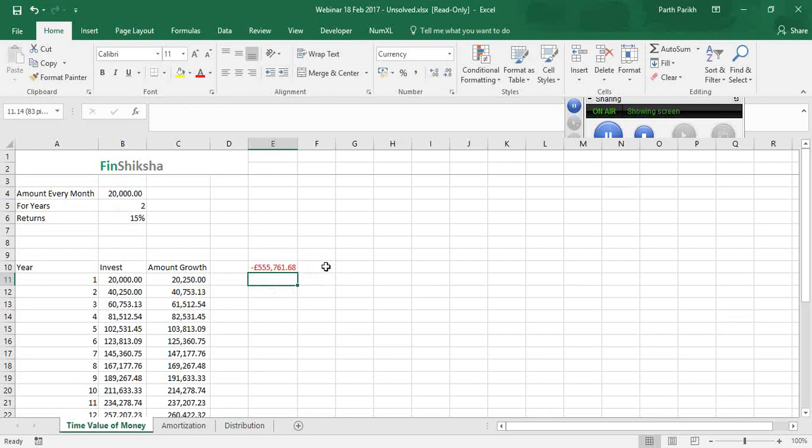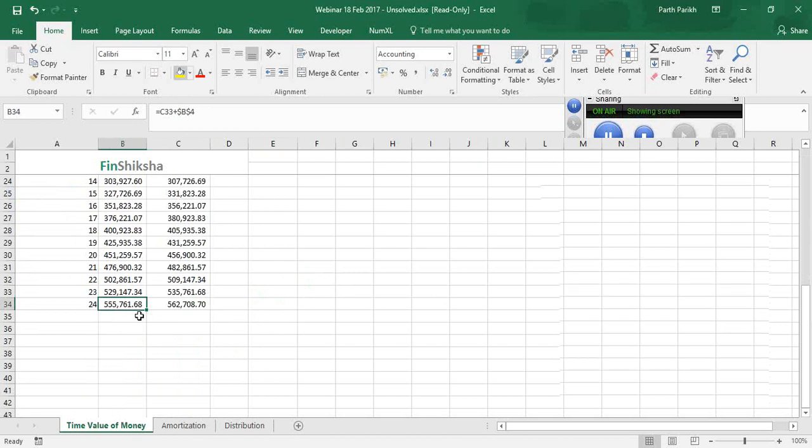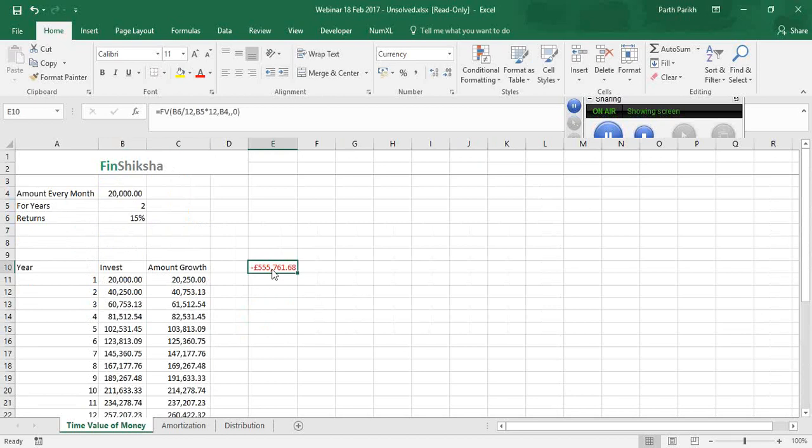It says 555761. It is the output over here, and at the end of the year I will get 5.62 lakhs. So you can see 555761.68 has been mentioned over here. It comes out negative because it assumes that you have to pay. Instead, you can put negative over here.